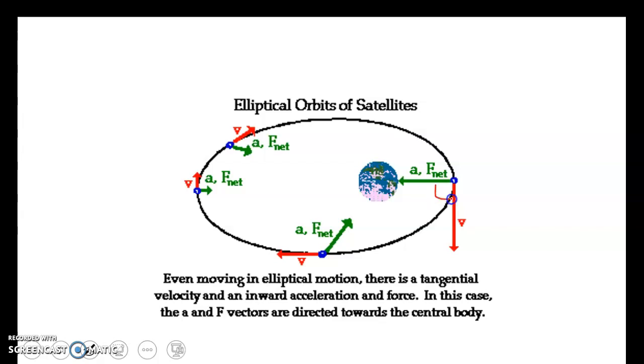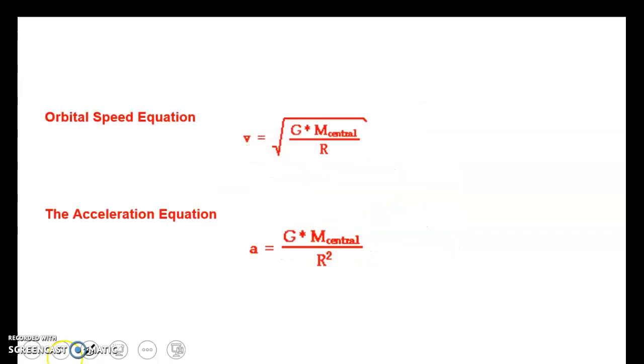At this point, we're at a right angle with our velocity and force vectors, but here we're not, and here we're not, and then here we are. But otherwise, our net force vectors are always going to go towards the center of the Earth. So it's not always going to be at 90 degrees, like what we saw with a circular orbit.